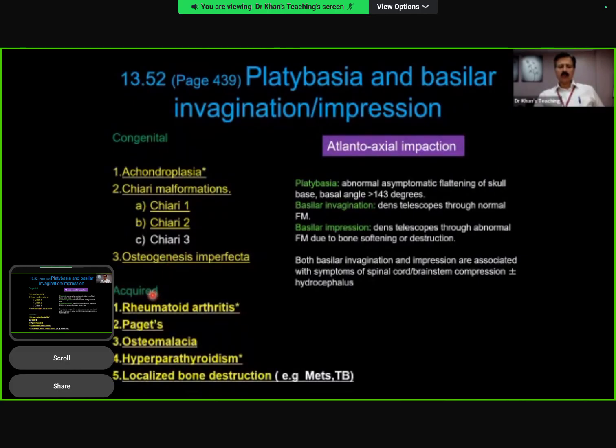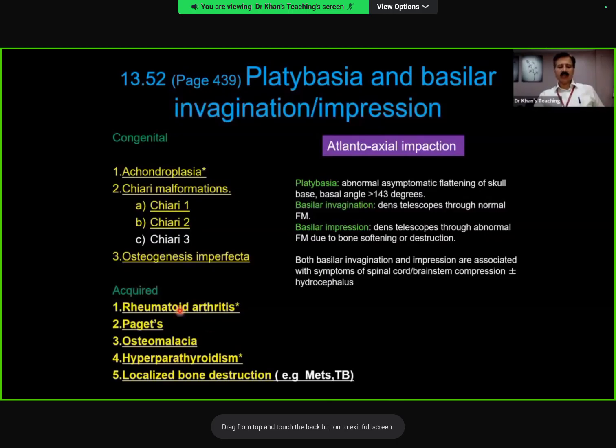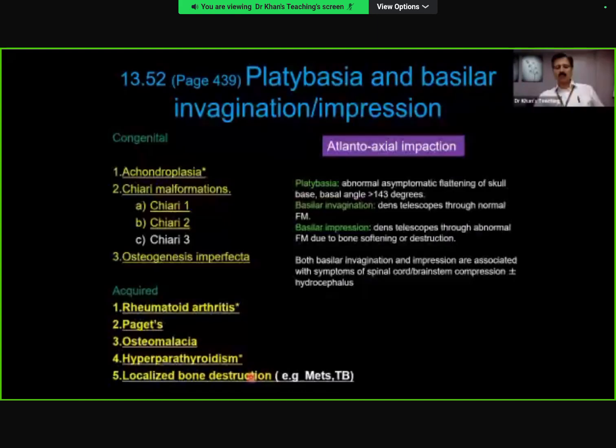But look at the acquired ones. Basically, in the acquired ones, what is happening? Either there is destruction of the bone or the bone is soft. Why will it be soft? For example, Paget's disease, osteomalacia, hyperparathyroidism, and there is invagination. And in localized bony destruction, things like metastasis, TB, etc., can cause this.